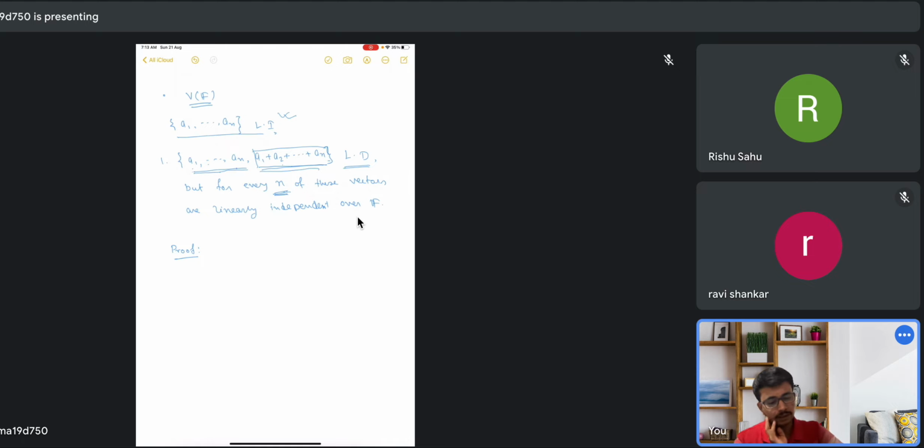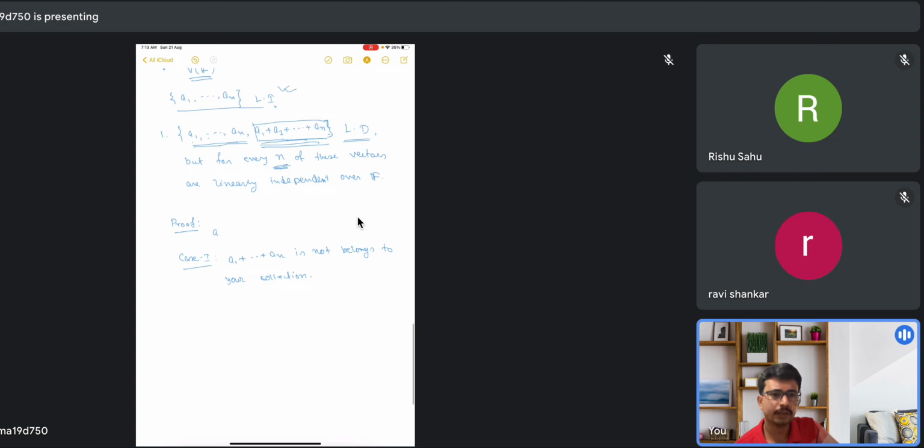In your n vectors, this sum may or may not belong. First, we consider the case that a1 up to an does not belong to your collection.